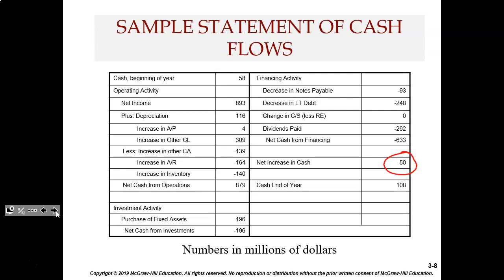Okay. And then what did that do for us in regards to where we were from before? So from all these transactions that this company did, we can see they had a net increase in cash of $50 for this year. And we can see that made our total cash at the end of the year $108.